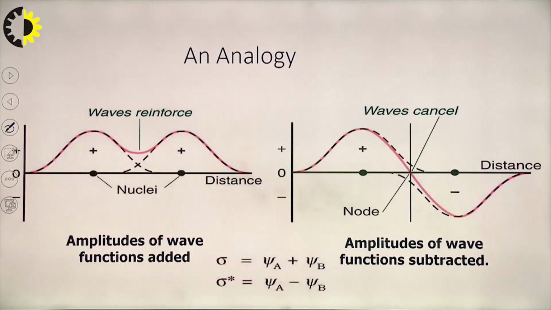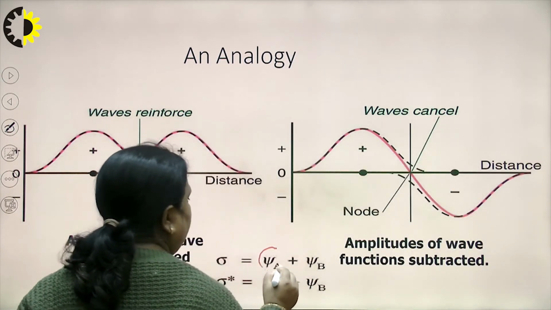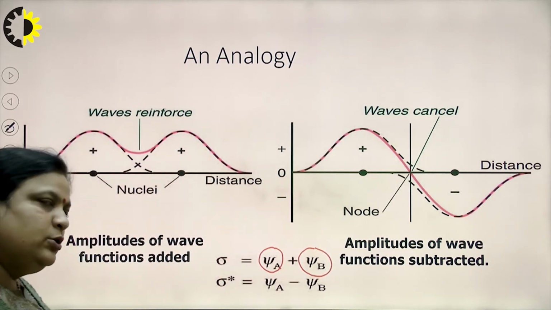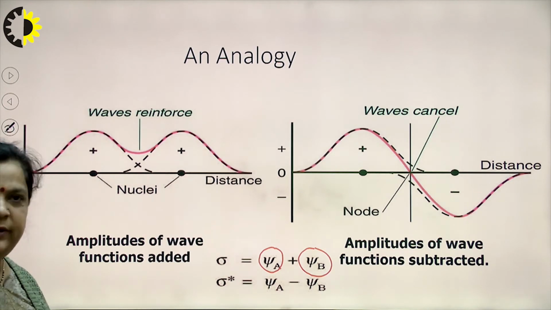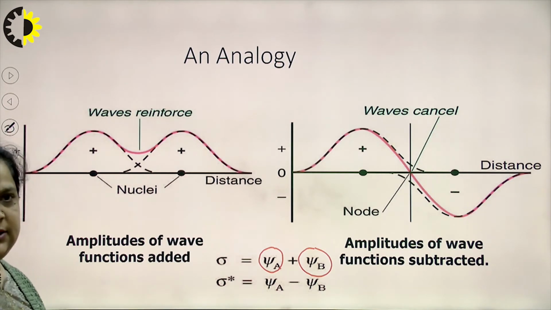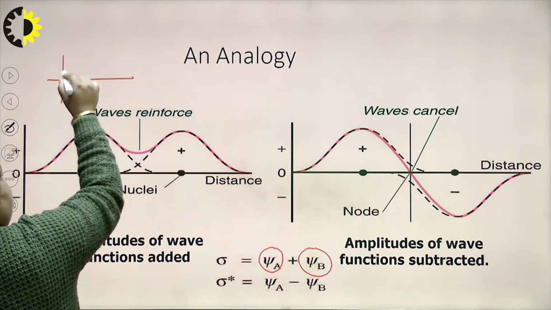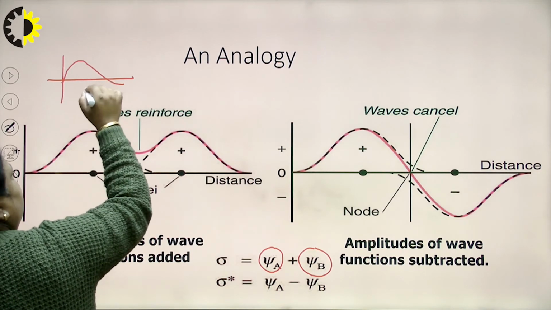We can understand this point from this diagram. The wave function of the first atom is psi A and the wave function of the second atom is psi B. There are two possibilities of combination, either they reinforce each other or cancel each other. This is the wave distribution of the first and this is the wave distribution of the second.